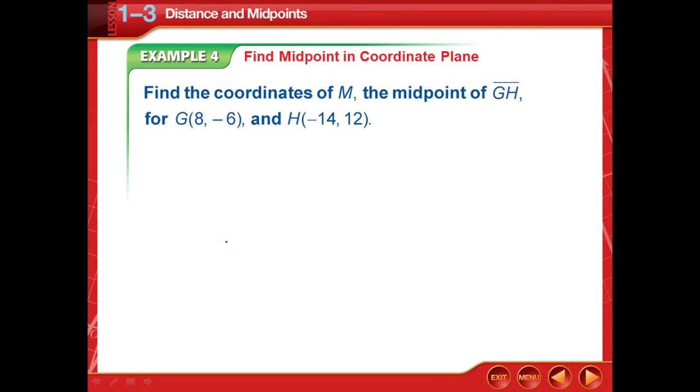My points are G is 8, negative 6, and H is negative 14, 12. So I'm going to say that G is going to be my x1, y1, and H is going to be my x2, y2. And again, feel free to write this on top of the points. x1, y1, x2, y2.